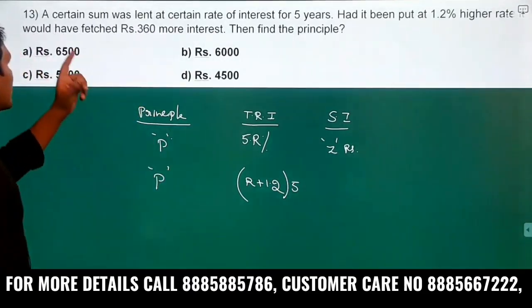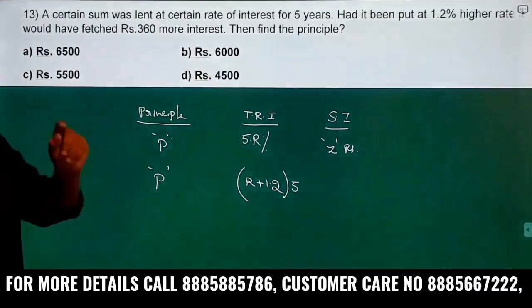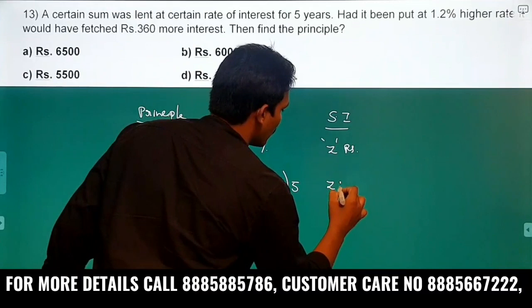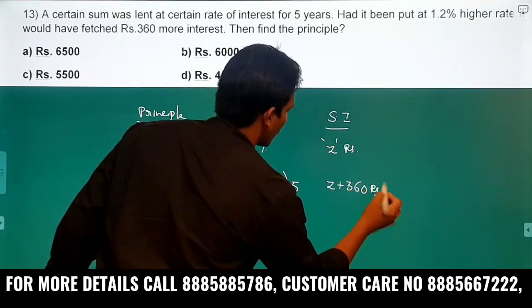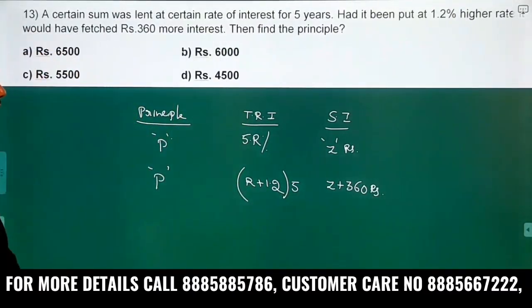So now what's the point he's saying? It would have fetched 360 rupees more interest. More in the sense, initially I got Z, now I'm going to get Z plus 360. This is the problem he has given.